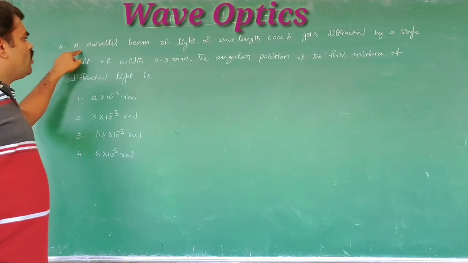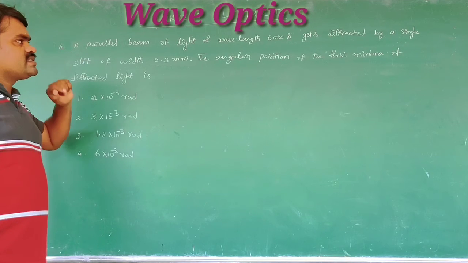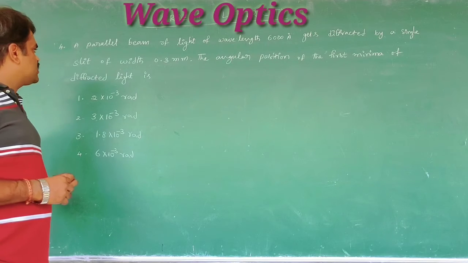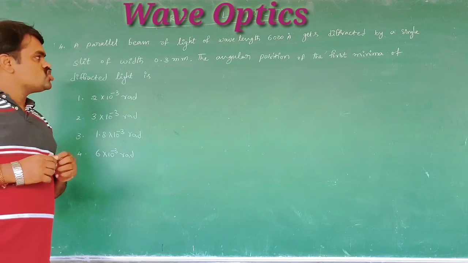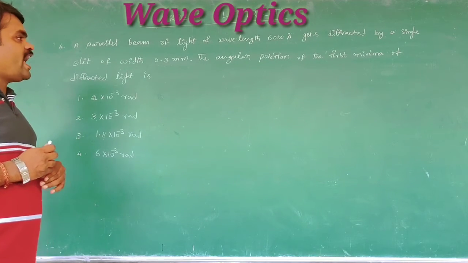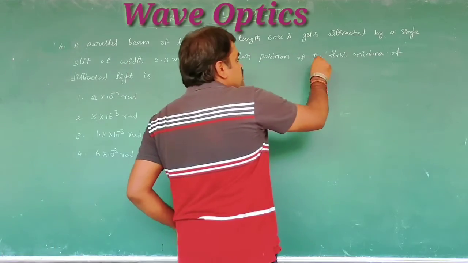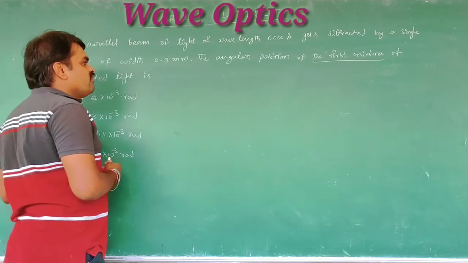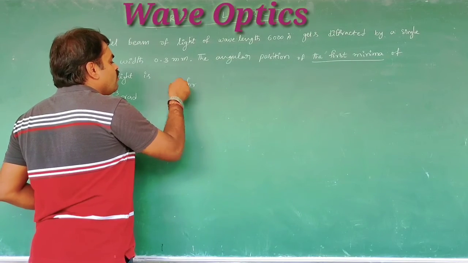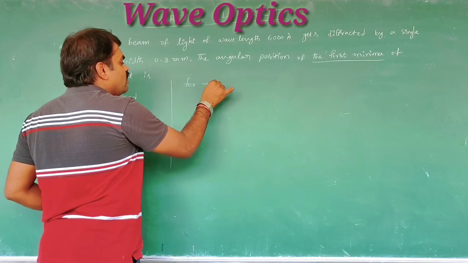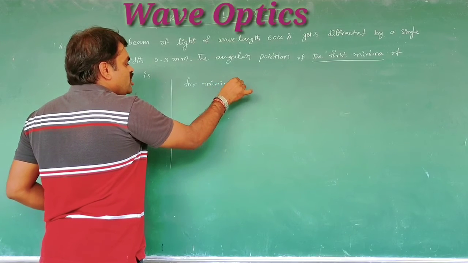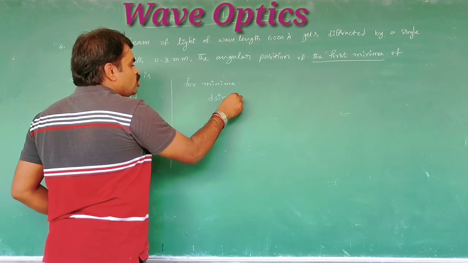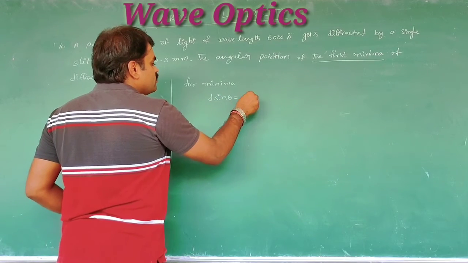A parallel beam of light of wavelength 6000 angstrom gets diffracted by a single slit of width 0.3 mm. Find the angular position of the first minima of the diffracted light. The condition for minima is d sin theta is equal to n lambda.